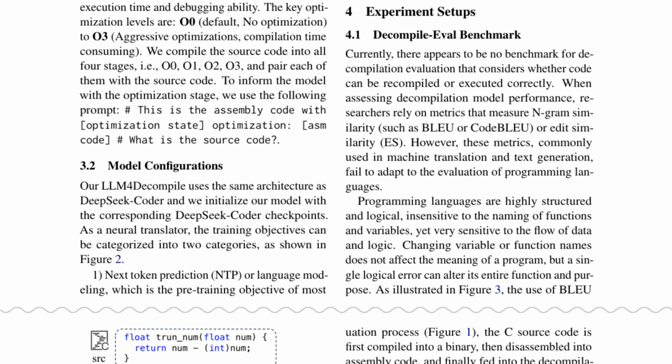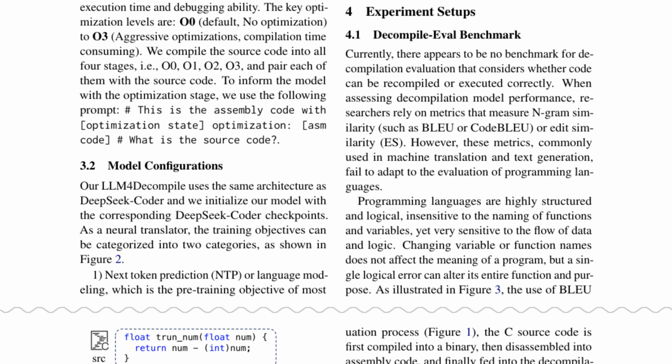4. Experiment setups. 4.1. Decompile-Eval benchmark. Currently, there appears to be no benchmark for decompilation evaluation that considers whether code can be recompiled or executed correctly. When assessing decompilation model performance, researchers rely on metrics that measure n-gram similarity, such as BLEU or CodeBLEU, or edit similarity, ES.